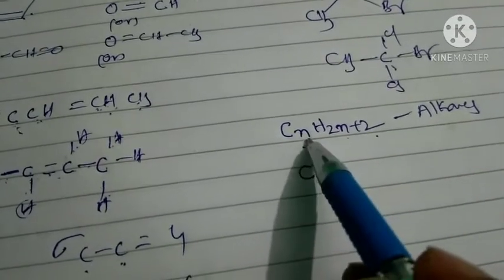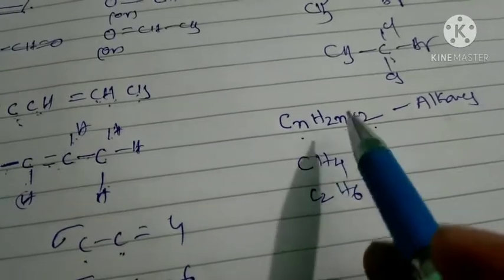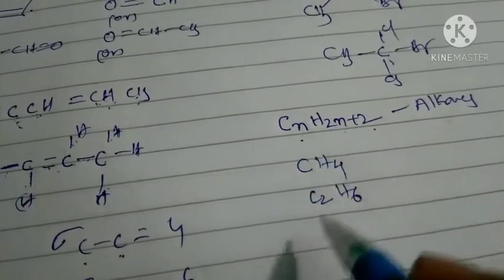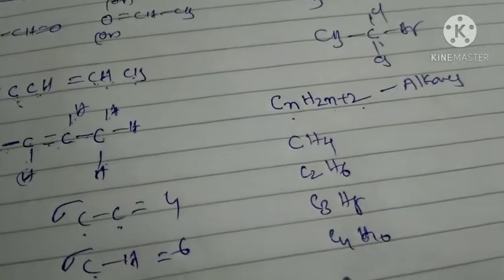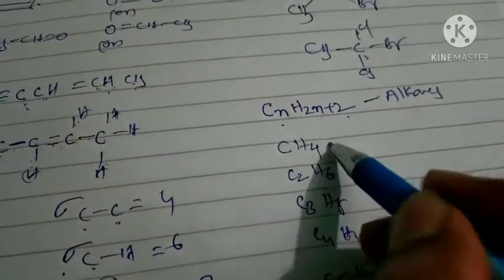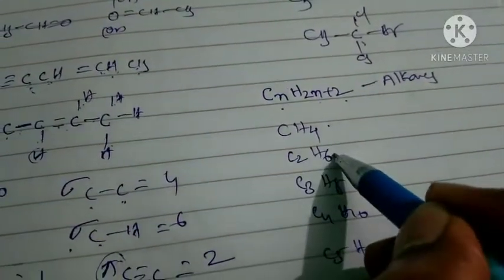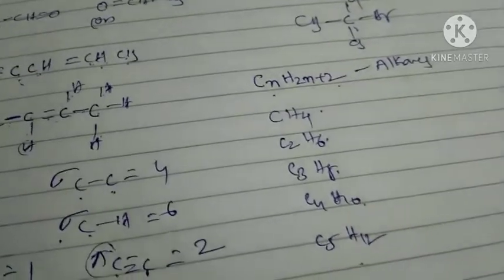Substitute 2 for n, then you get C2H6. Substitute 3, then you get C3H8. Next one C4H10. Next one C5H12. All these are alkanes. This is the first member alkane, second, third, fourth, fifth member alkane.